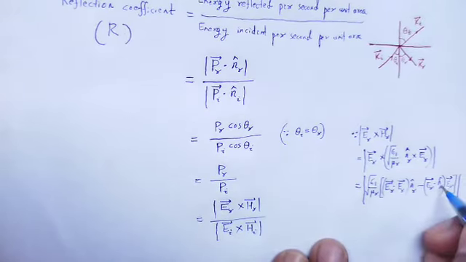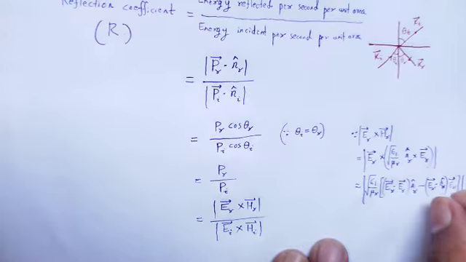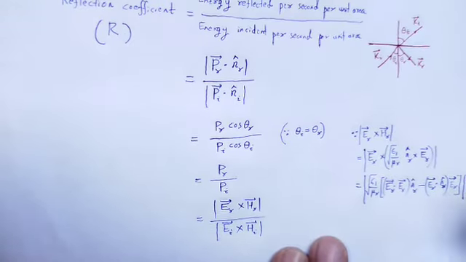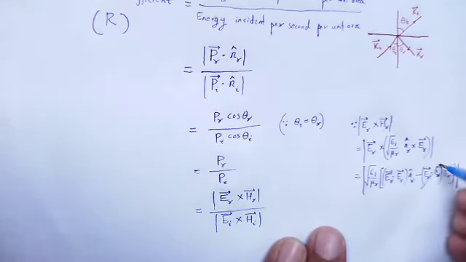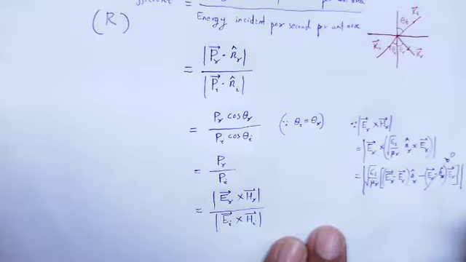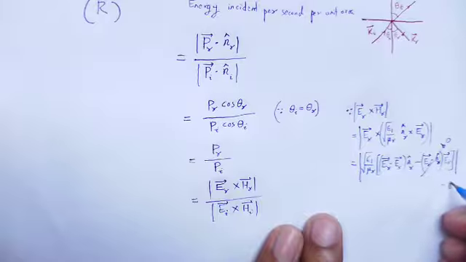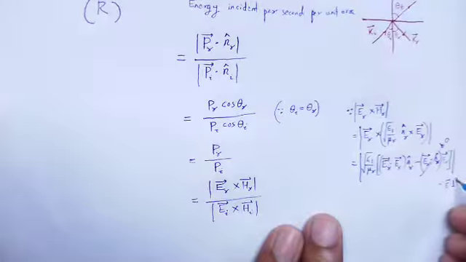E r dot n r: since E r and n r are perpendicular to each other, its dot product result is 0. Why? Because E vector is perpendicular to n r cap.